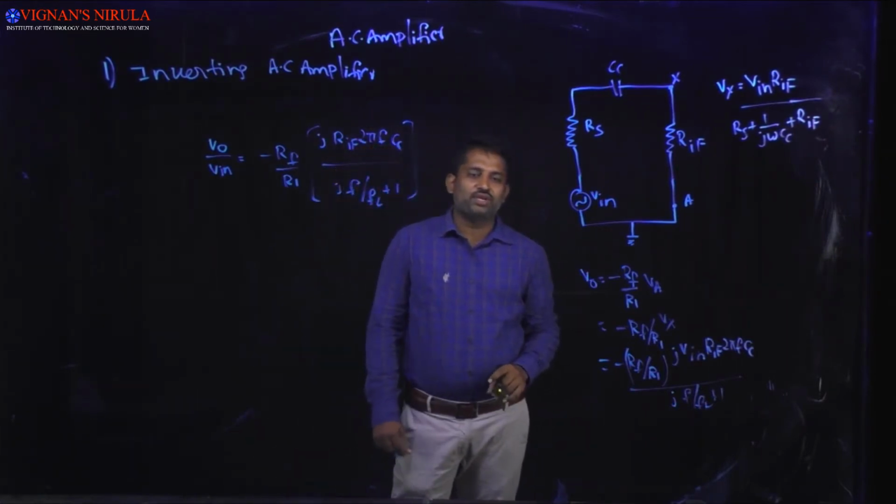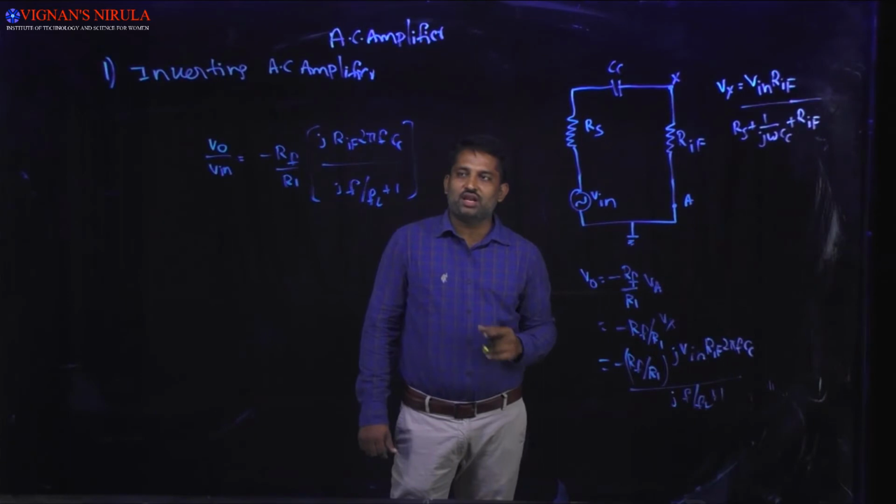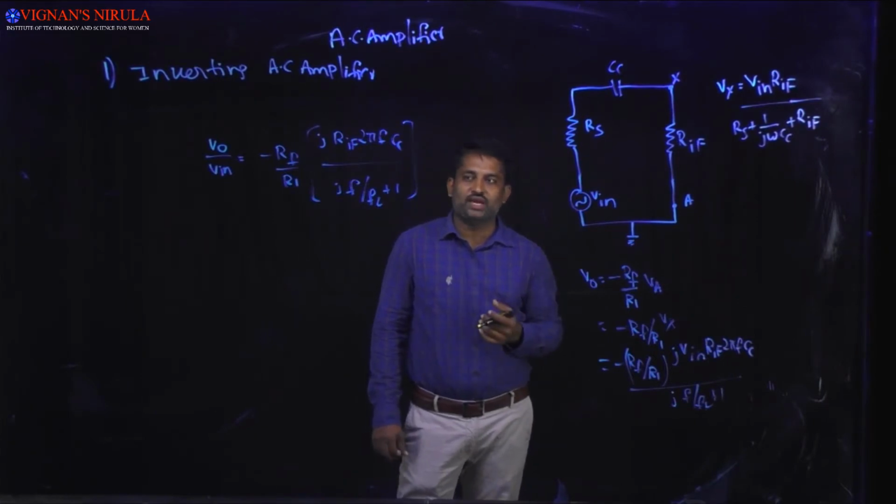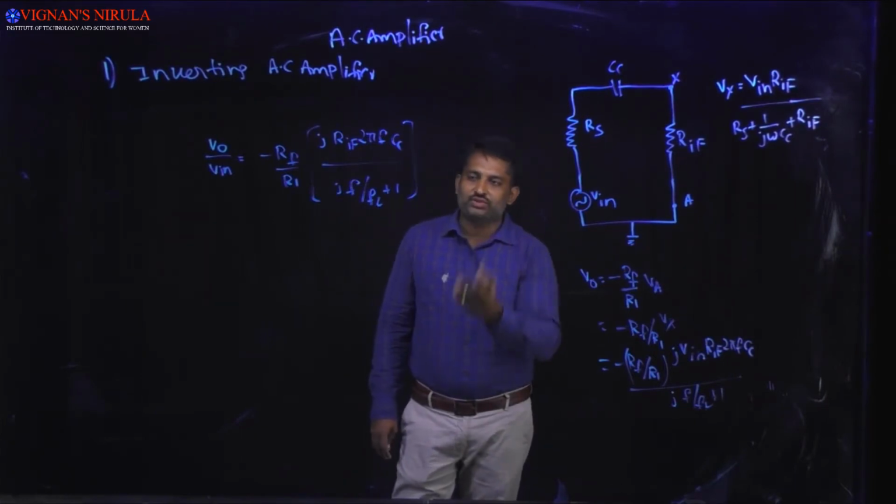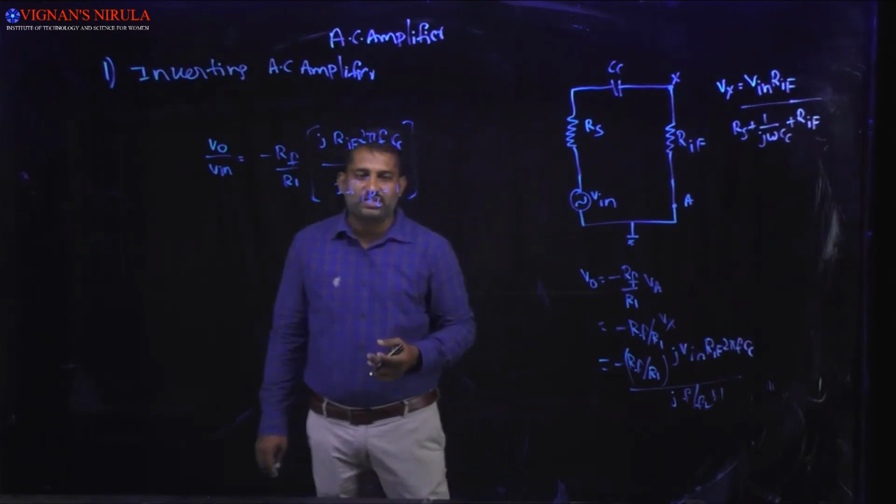V naught by Vin is equal to minus Rf by R1 into j into 2 pi f RIF into Cc by j into f by FL plus 1.